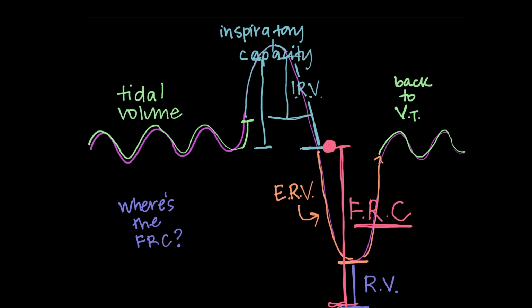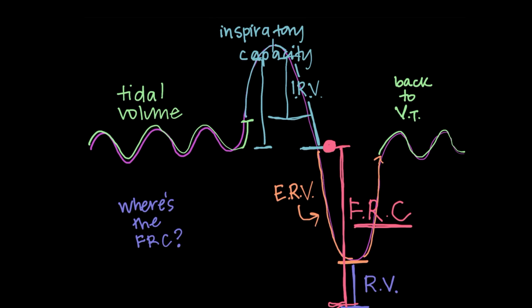So this graph is getting pretty complicated, but I just want to take a moment to point out to you guys what is the difference between a volume and a capacity. So if you can see so far, there's two main capacities here. One is the inspiratory capacity, and one is the functional residual capacity.